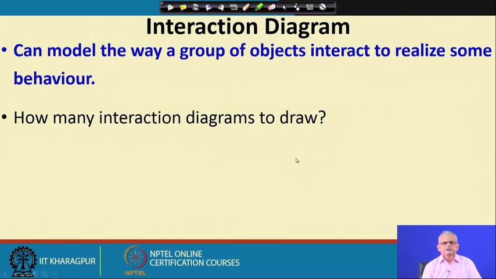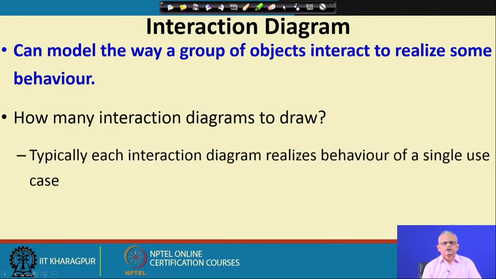The answer is simple, we draw as many as there are use cases, because each interaction diagram captures the behavior of a single use case, and therefore, the number of interaction diagrams is typically equal to the number of use cases.